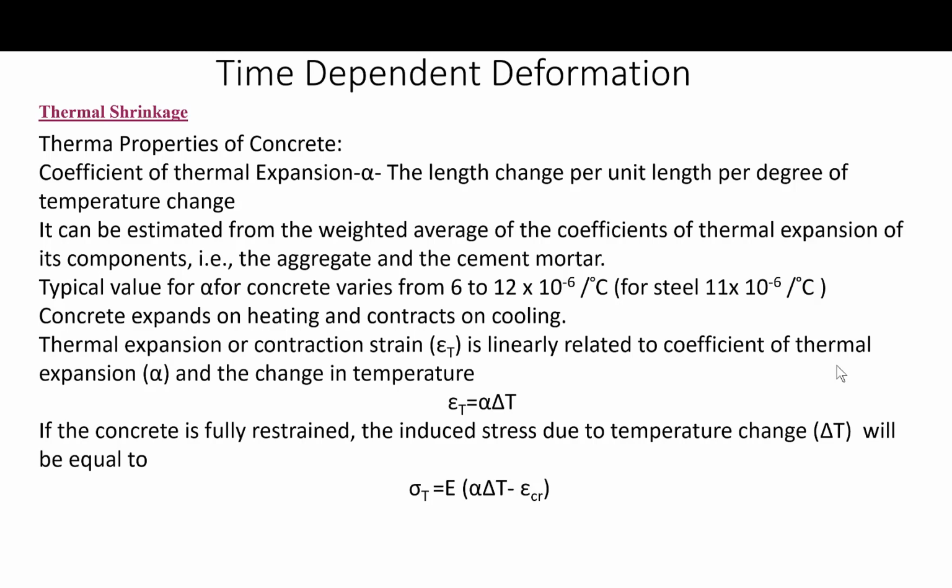It can be estimated from the weighted average of the coefficients of thermal expansion of its components, meaning the aggregate and the cement mortar. Typical values for the coefficient of thermal expansion of concrete vary from 6 to 12 times 10 to the minus 6 per degree.